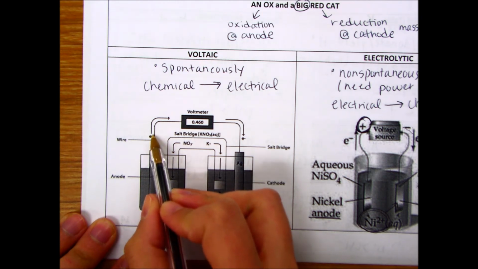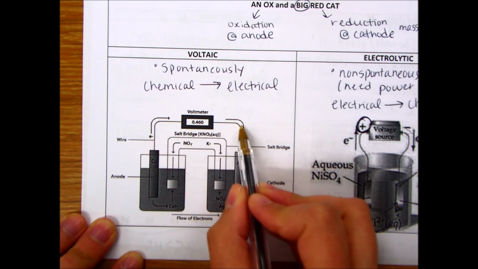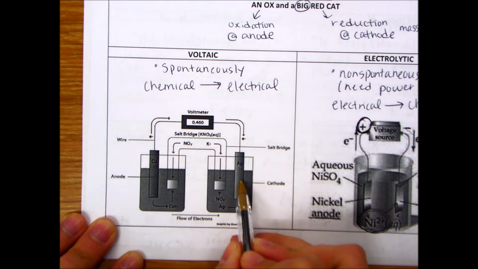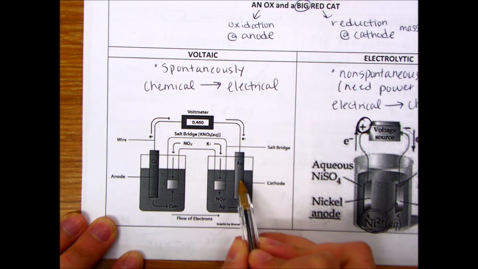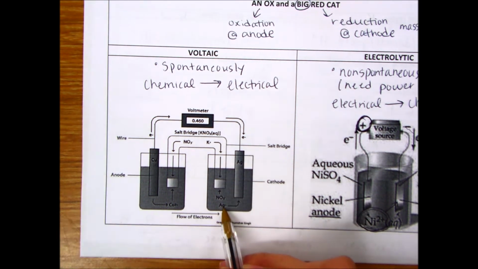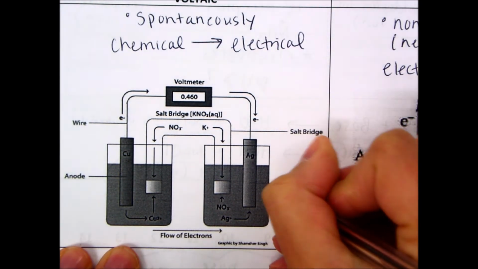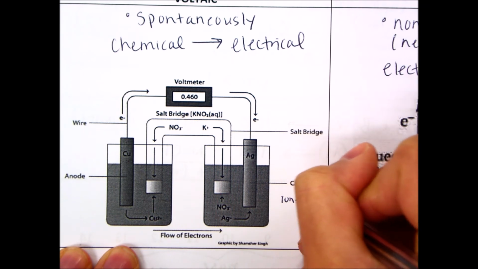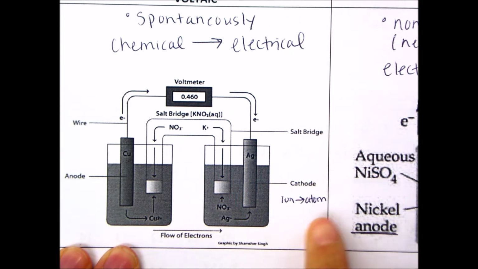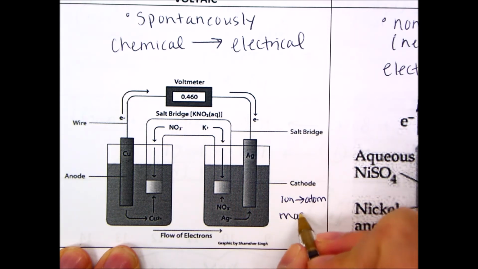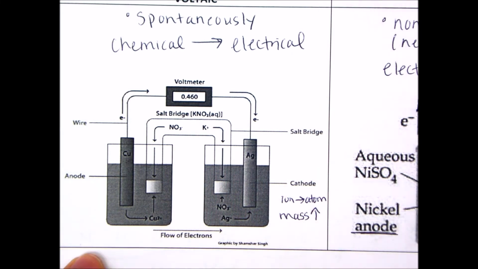They're going to travel through this wire over to the silver cathode, where they're going to be gained by those silver ions in solution. So ions are turning into atoms, and these atoms can stick to that cathode and increase its mass.